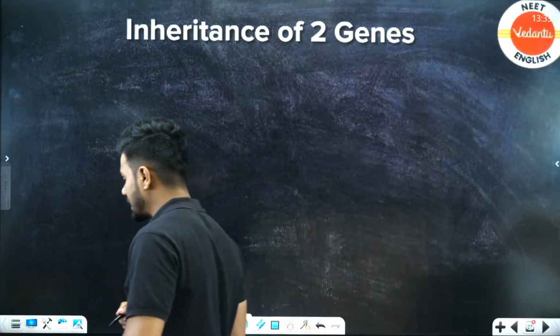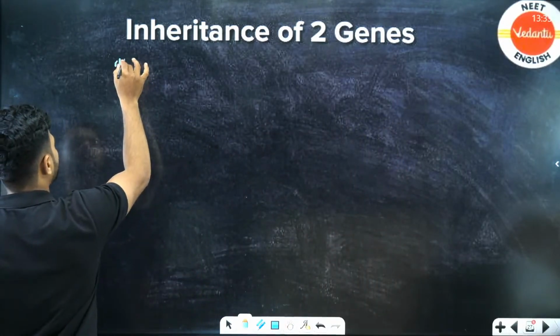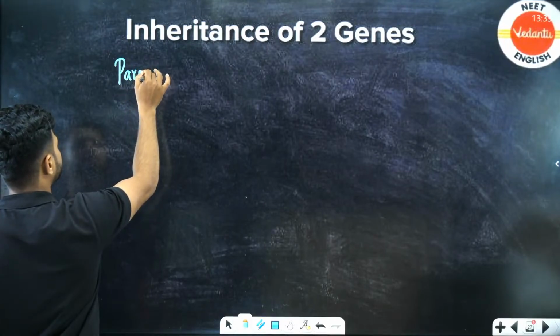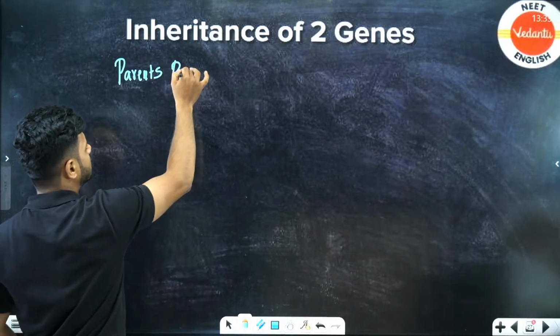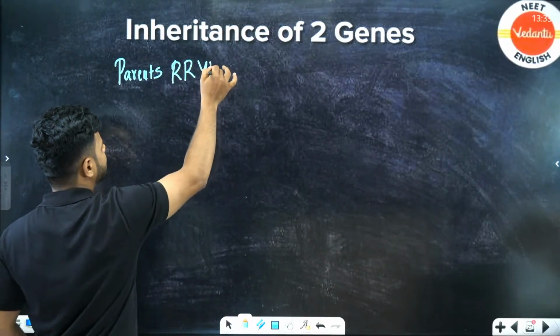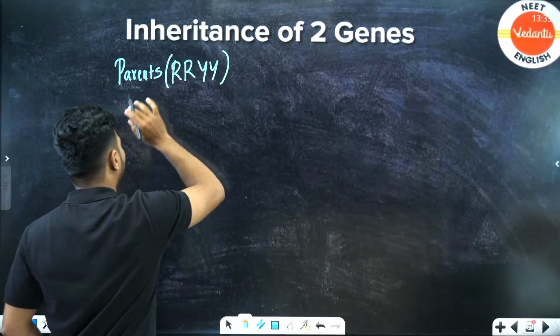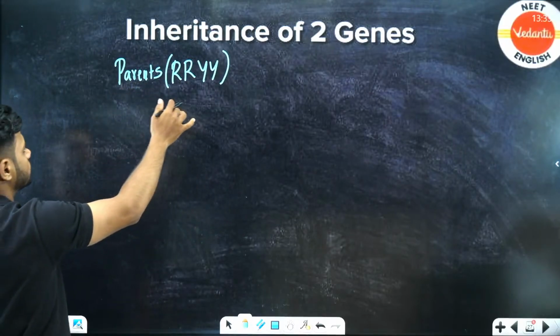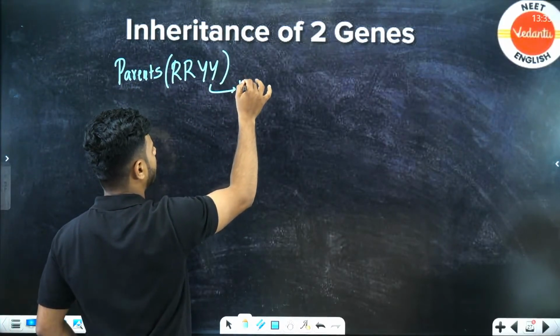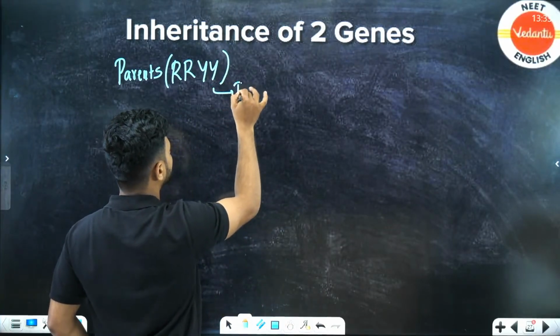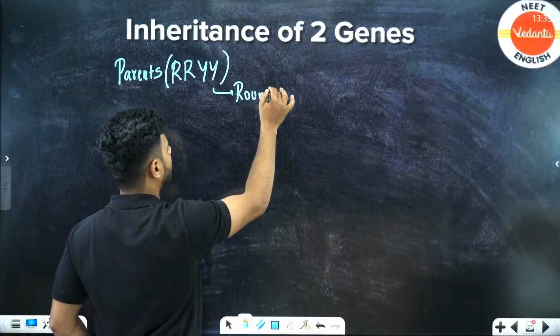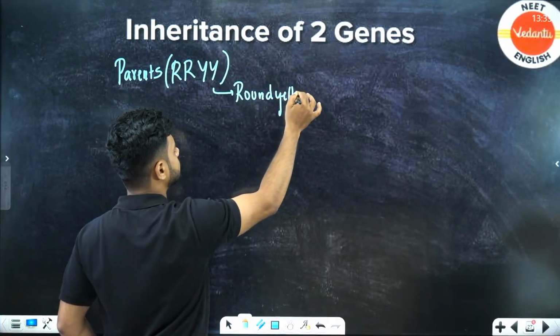Now, inheritance of two different genes. What exactly happens now? What are the parents? First, selection of parents. Parents are very simple. Capital R, capital R, capital Y, capital Y. That is going to be round and yellow.